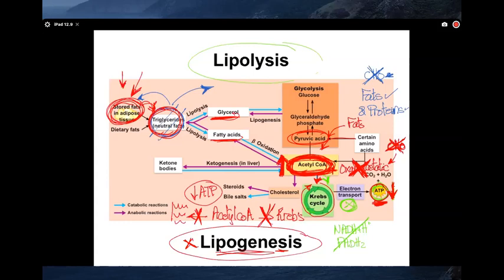The other pathway for this acetyl-CoA is going to be to become a ketone body. I will allow ketogenesis in the liver because my brain can use ketone bodies to produce energy. So I can't go forwards and I can't go backwards. The only other pathway for me is to form ketone bodies.